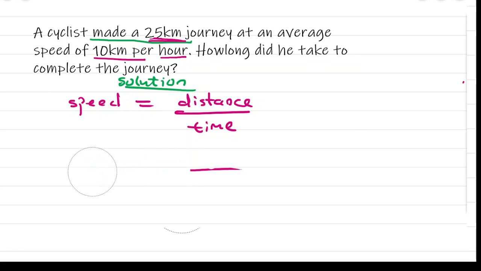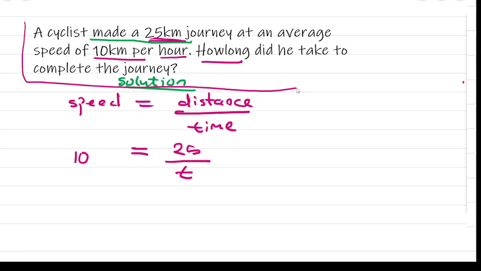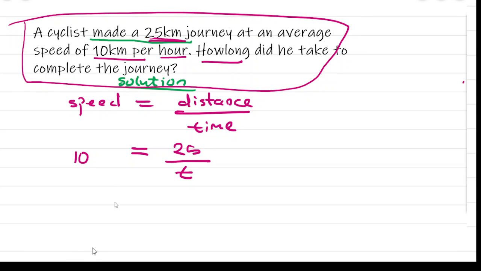So the distance we are told here is 25 kilometers, and the speed is 10 kilometer per hour. But they ask us how long, so they're asking us for time. Let's call the time t. All the solutions are in this particular equation we have arranged here, which we are going to solve now.